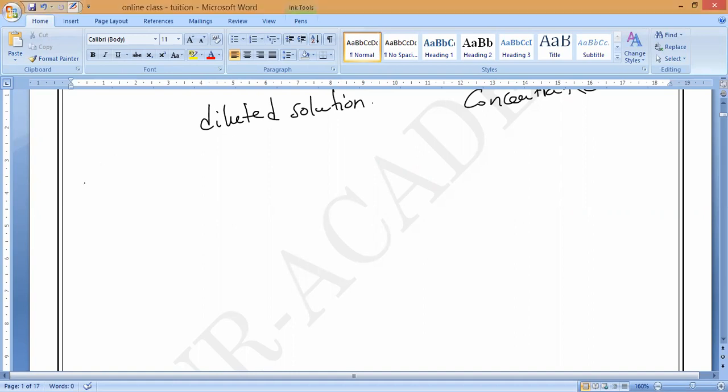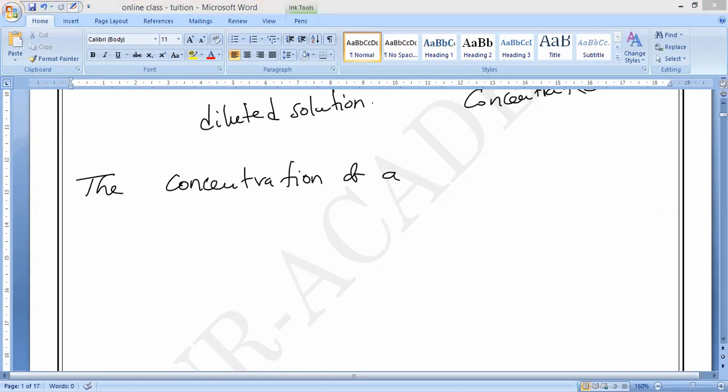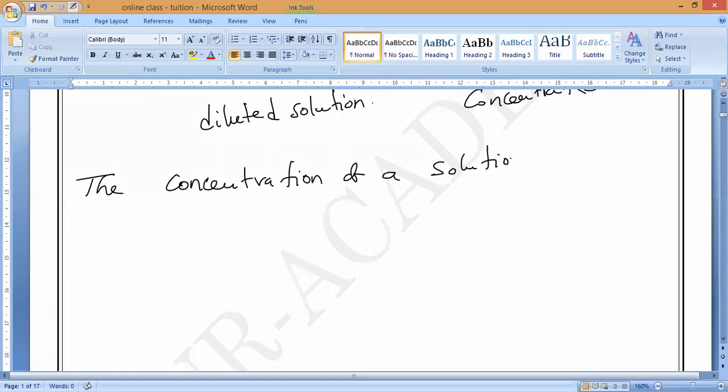So the concentration of a solution is the amount of solute present in a given quantity of solution. Please write it. The concentration of a solution is the amount of solute, how much amount of solute is present. That's all. That is what we call concentration.